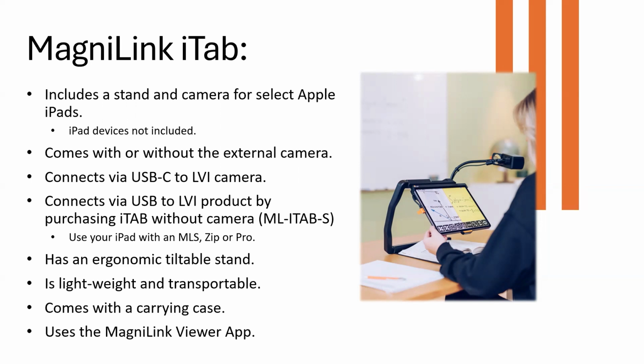But if you're using it with just your iPhone or just an iPad and you're not directly connected to one of our cameras, you're not going to get every single feature. You wouldn't have OCR. You wouldn't have form filling. You wouldn't have the ability to have a distance camera and another camera and split the screen, and all of those things.